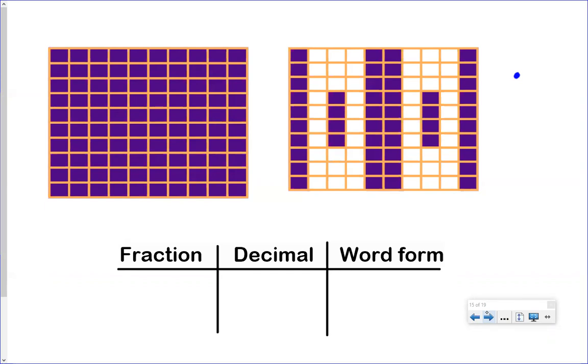Guys, look over on the left. This thing is completely filled in. So my whole number goes on the left side of my decimal. And the part of my whole, is it going to be in tenths or is it going to be in hundredths? Hundredths, right? So I know I'm going to have 2 numbers. Who can tell me what would be on the right side of that decimal? What's shaded? Take a second and look up there.